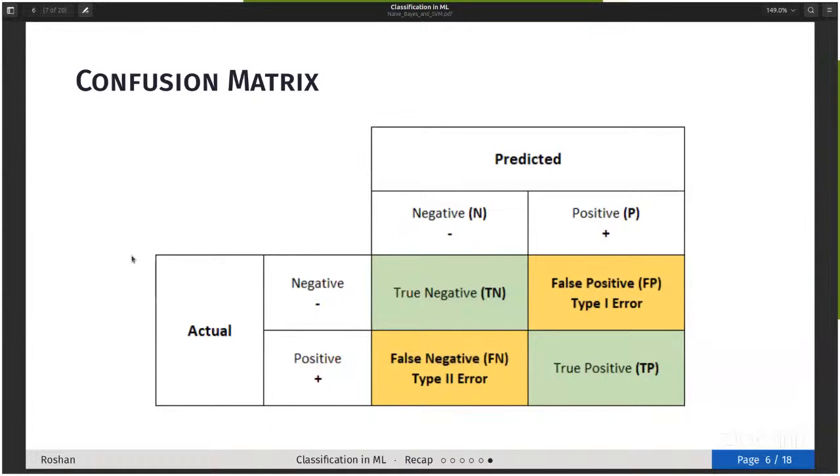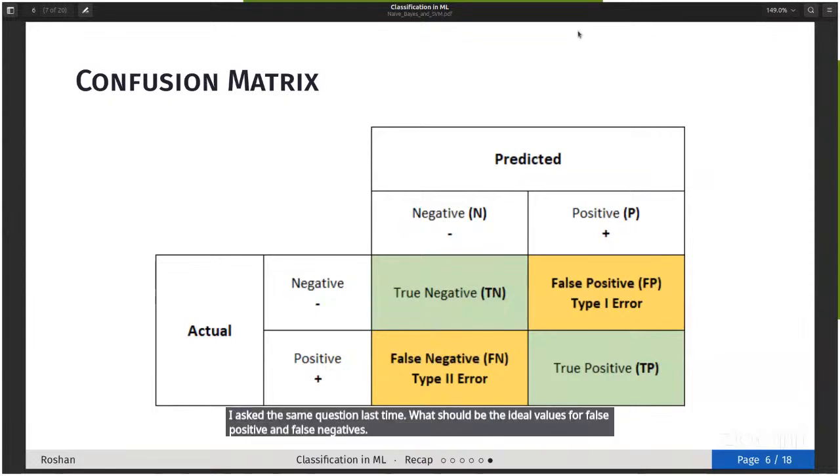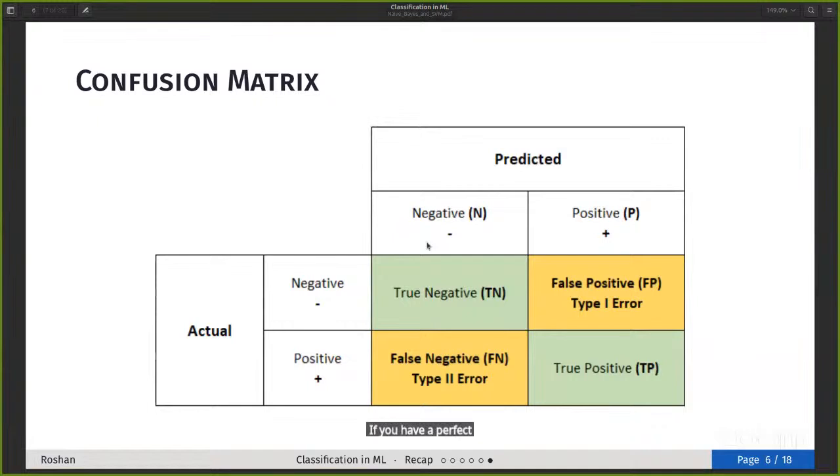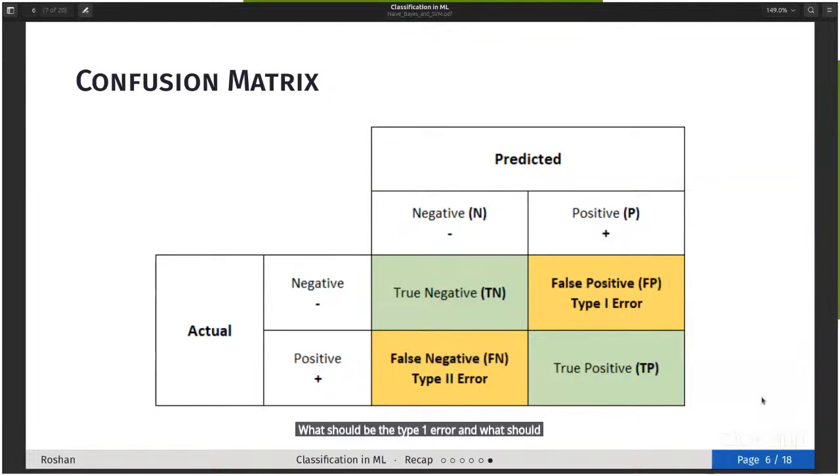Again, I asked the same question last time. What should be the ideal values for false positives and false negatives? If you have a perfect model available with you, what should be the type 1 error and what should be the type 2 error?